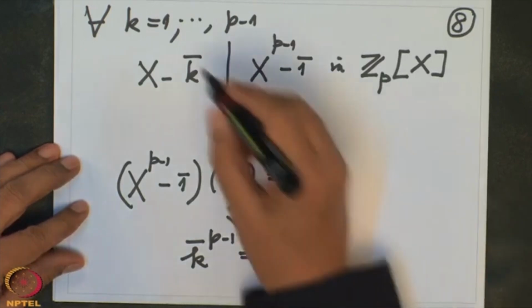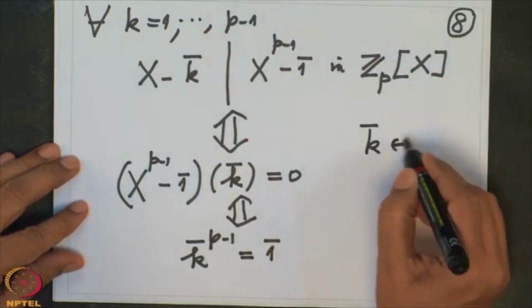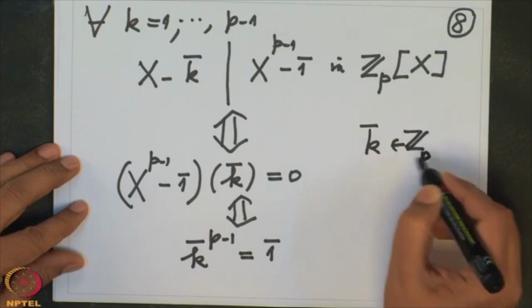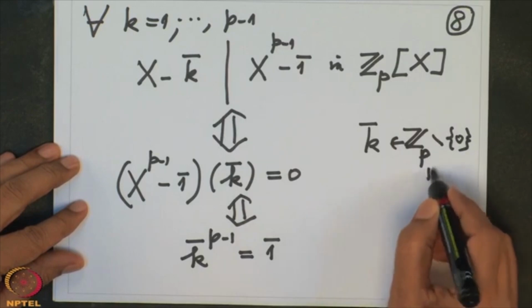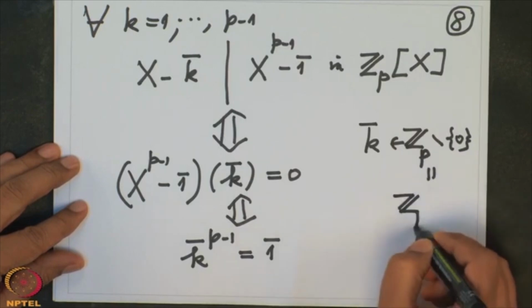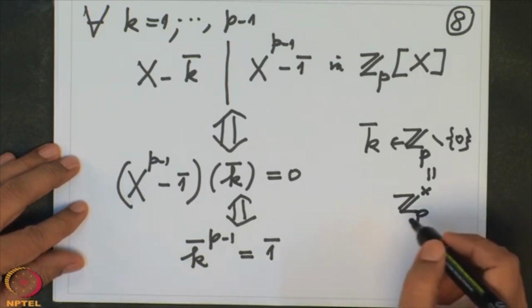But you see, where is k bar? K bar is an element in Z mod p, and k bar is not 0. And this is precisely what we have called Z mod p cross. And Z mod p is a field.